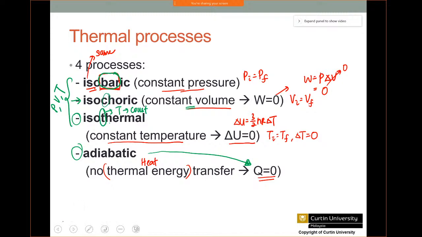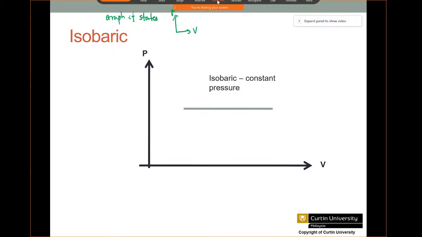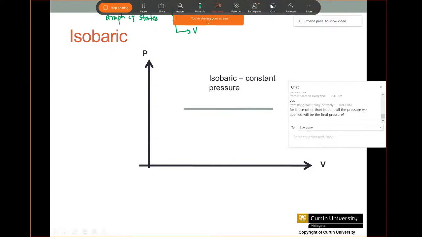Have you memorized? If you would like to plot them in a graph, in thermodynamic processes, it's usually the graph of states. What do we mean by graph of the states? It will be either PV, for those other than isobaric, all the pressure we apply will be the final pressure.